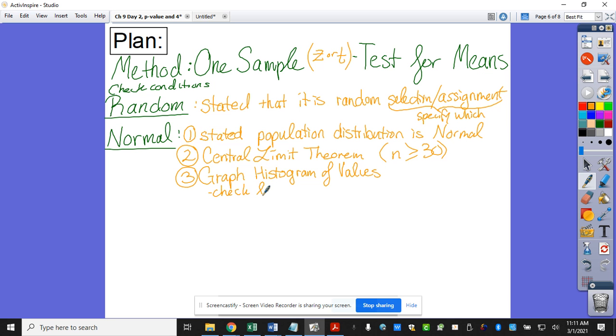I'm checking for 2 things. What are those 2 things? No extreme skew or outliers. I don't know why I write strong skew, extreme outliers and not use the same adjective, but I've gotten in the habit of it, so I just keep it the same. And then regardless of which one of the three you choose, you have to end normal with significant normal approximation.